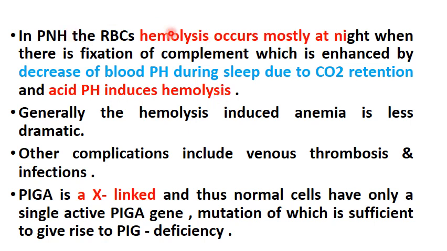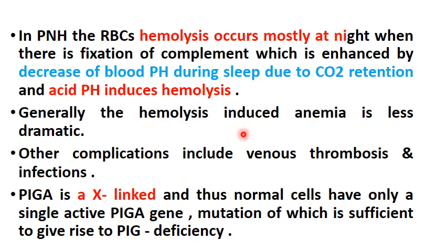So this hemolysis of the red blood cells mostly takes place at night because the complement is enhanced by the decrease in blood pH, because the blood pH becomes reduced, as it becomes acidic due to what? Retention of CO2 during sleep.